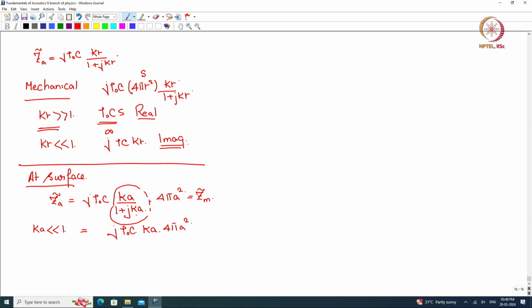In the denominator I have dropped the ka, the numerator ka stays. Now this is 4 pi a cubed, so I write this as j rho 0 c k into thrice 4/3 pi a cubed. This is the volume of the sphere.